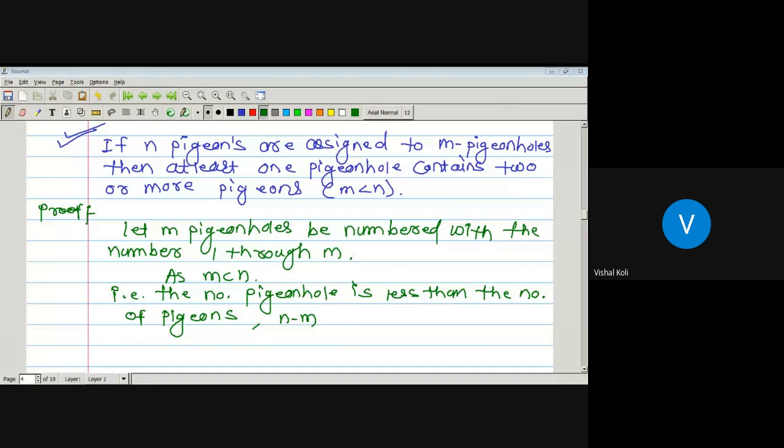As there are m pigeonholes and n pigeons, here we have filled up each pigeonhole by one pigeon, then there are n minus m pigeons left without having been assigned a pigeonhole.